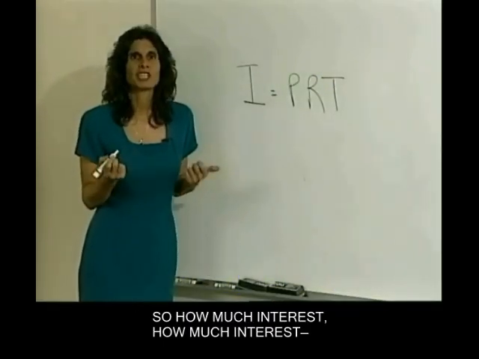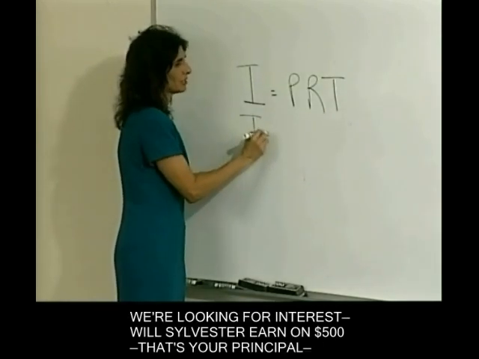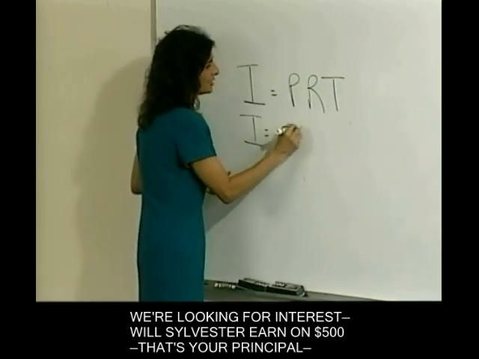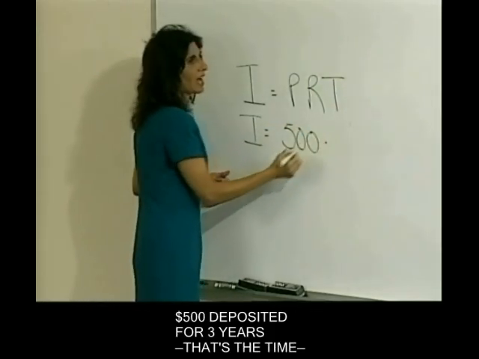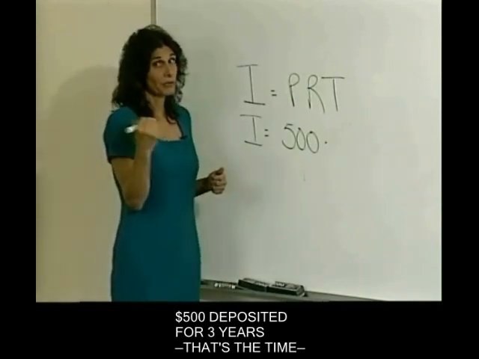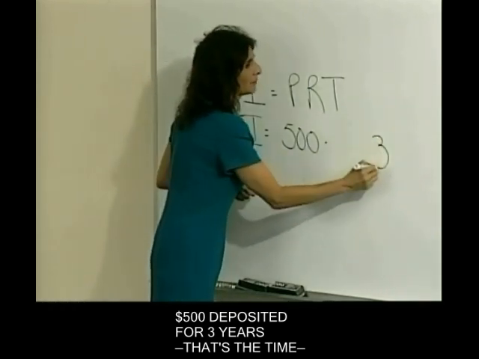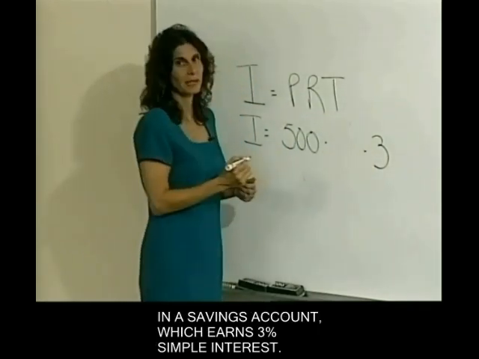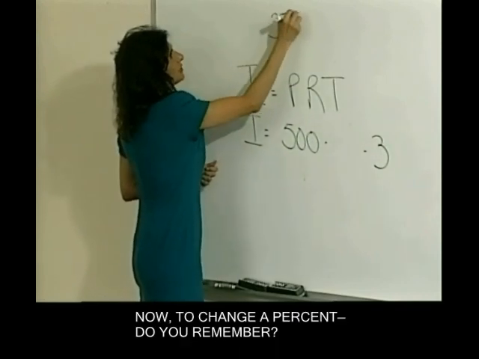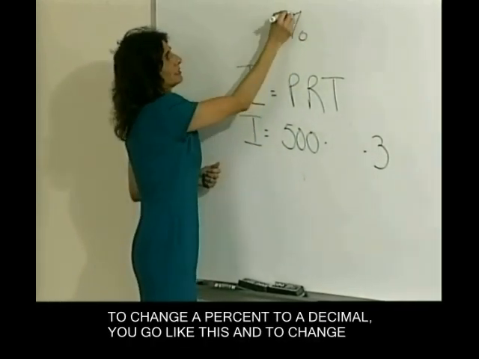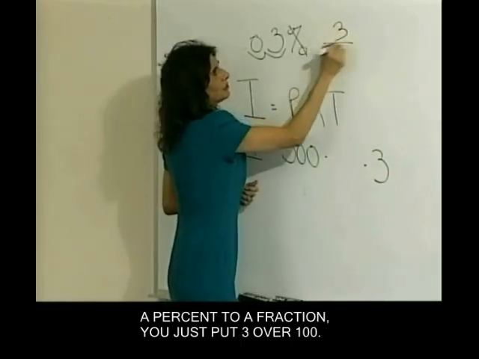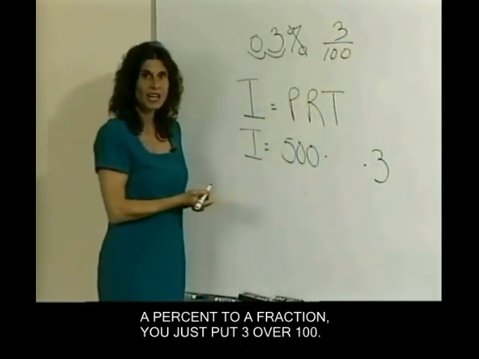So how much interest will Sylvester earn on $500, that's your principal, deposited for 3 years, that's the time, in a savings account which earns 3% simple interest? Do you remember how to change a percent to a decimal? And to change a percent to a fraction, you just put 3 over 100.